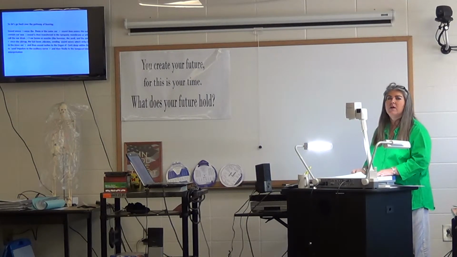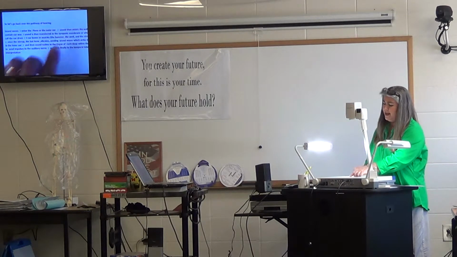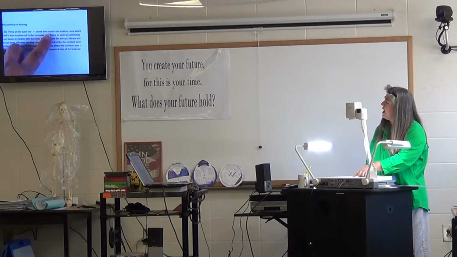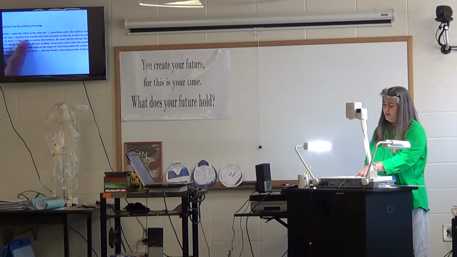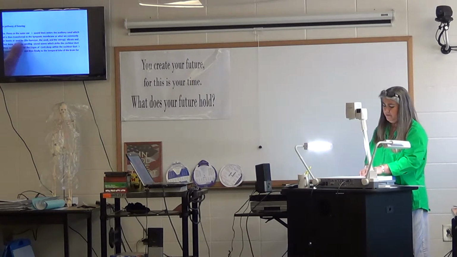Sound waves enter into the pinna, or the outer ear. Sound then enters the auditory canal, which contains your earwax. The sound is then transferred to the tympanic membrane, or what we commonly call the eardrum.